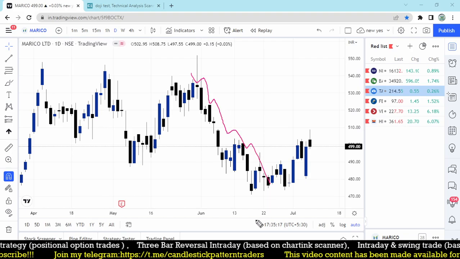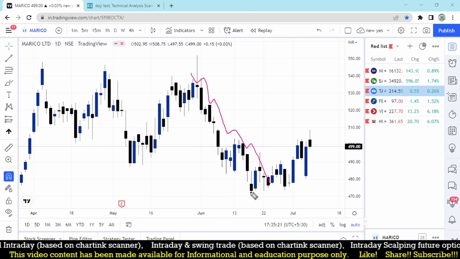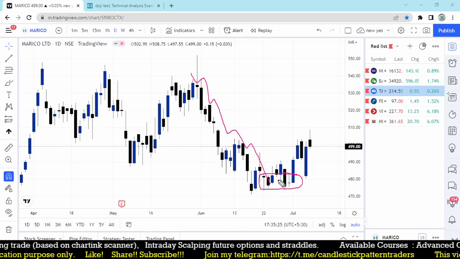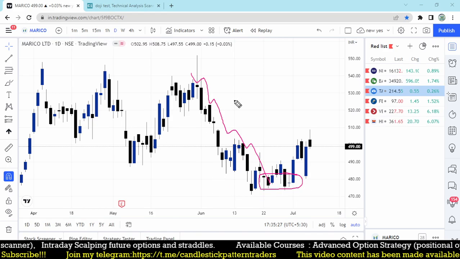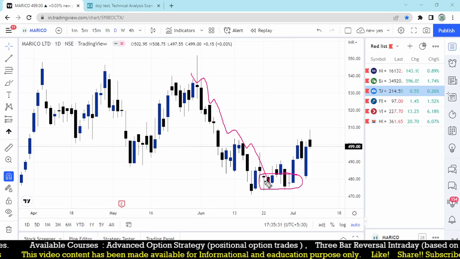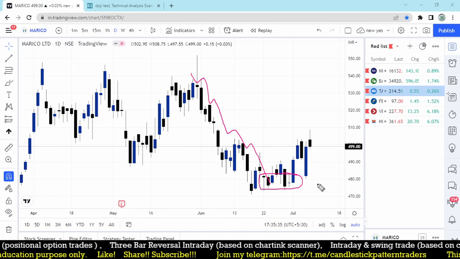Most of the time, when the stock is at the lowest level we try to buy, but most of the time when it breaks the high we can buy, when it breaks the low we can sell, like that. But I am using it when the stock has fallen down, trying to find a buying opportunity at the bottom.